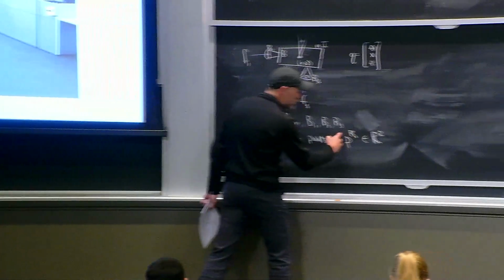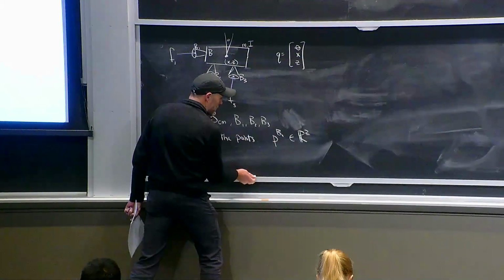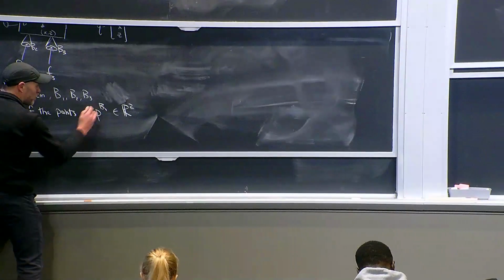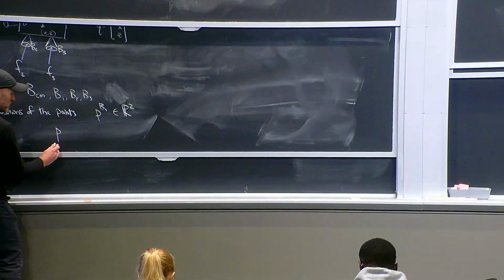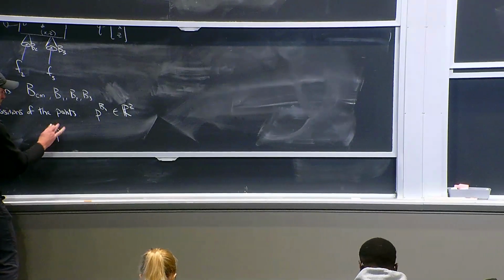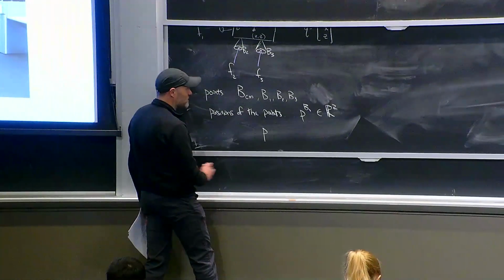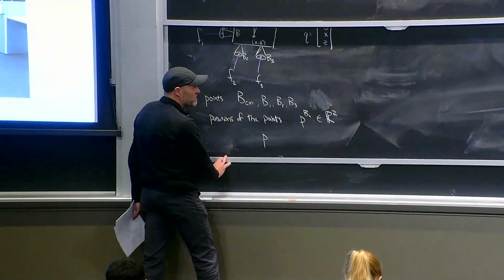And I'll, in general, need to write things that specify what frame these things live in. So we have this sort of heavy notation in Drake. You might have seen it a bit. It's super useful, and it's the only way to sort of get through the math we're going to do today.